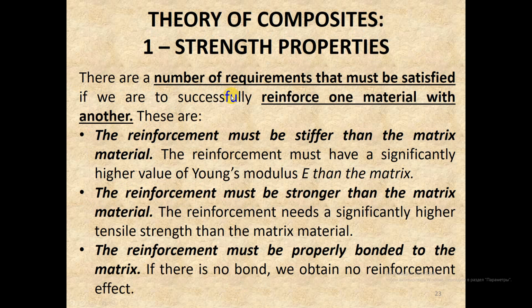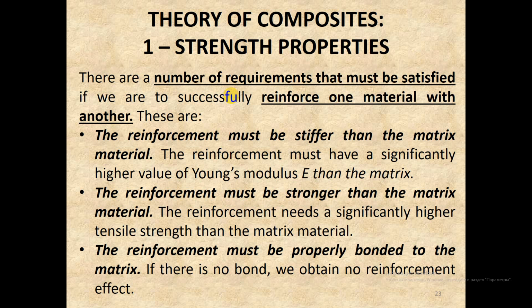Theory of composites. First, strengths and properties. There are a number of requirements that must be satisfied if we are to successfully reinforce one material with another. These are: the reinforcement must be stiffer than the matrix material.